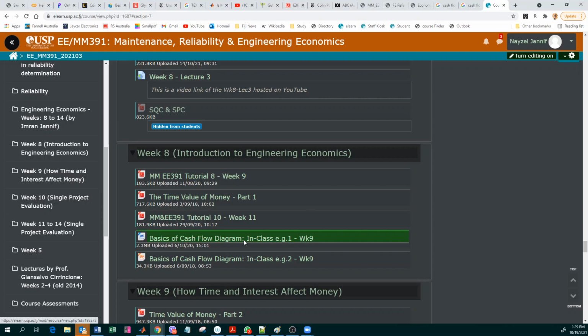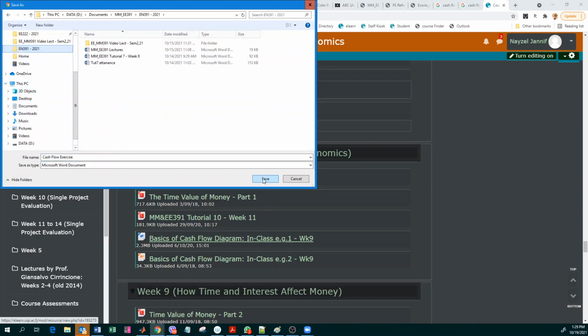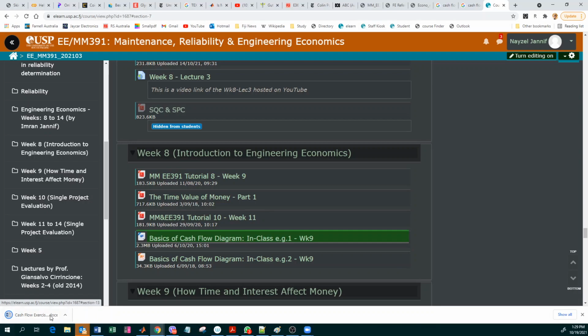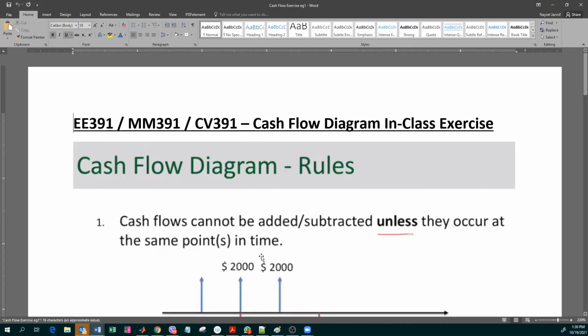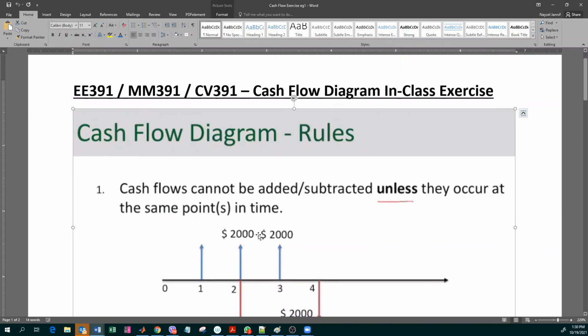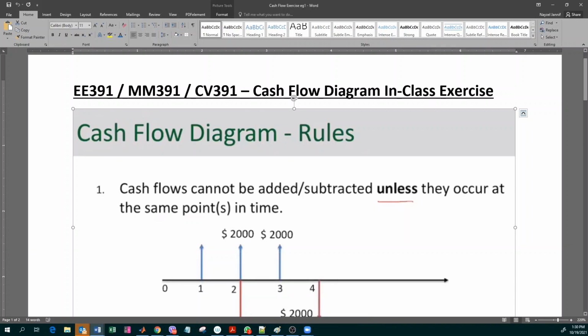I want you to click on that, and it will open up the cash flow exercise, example 1 week 9. I'm going to open that up again. I want to show you this presentation.